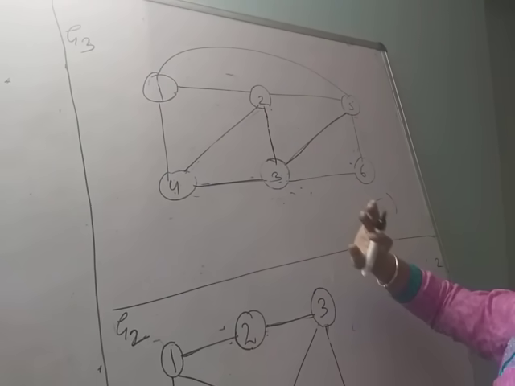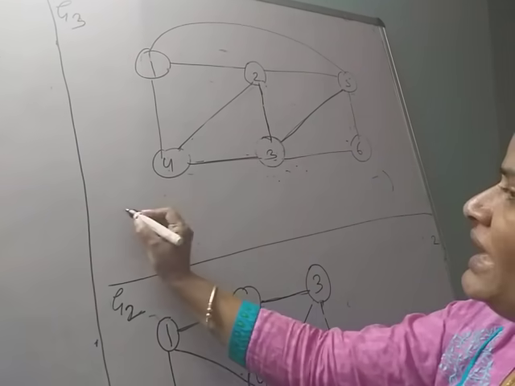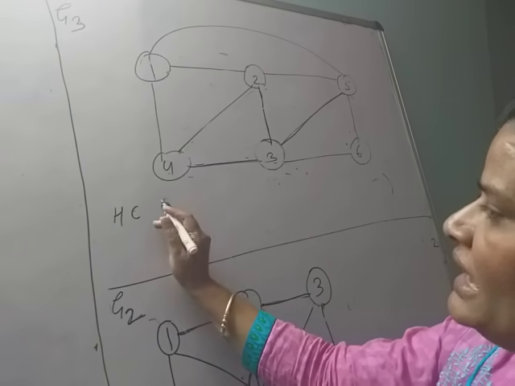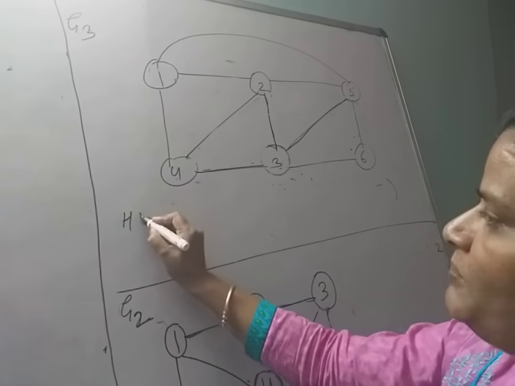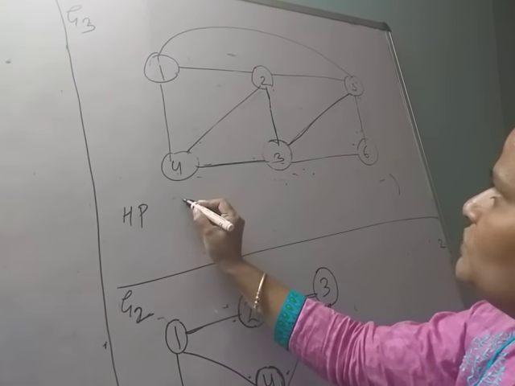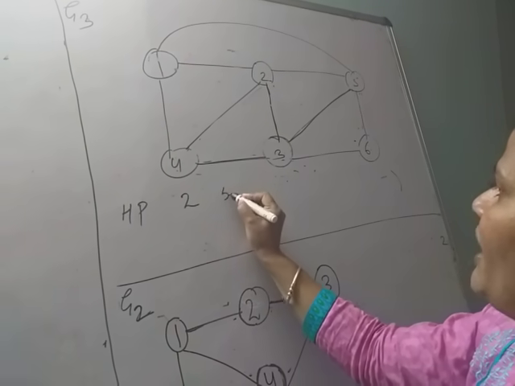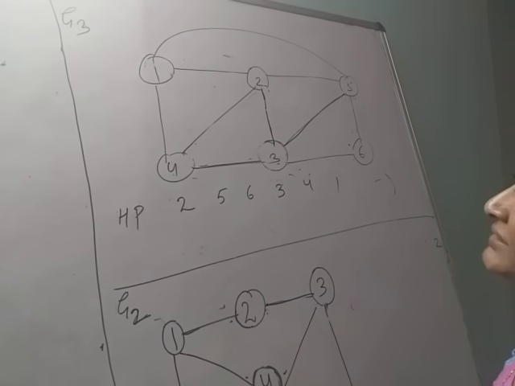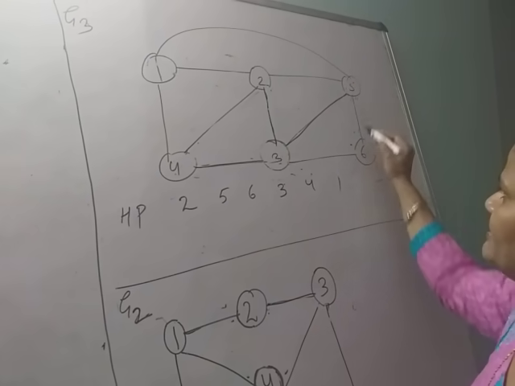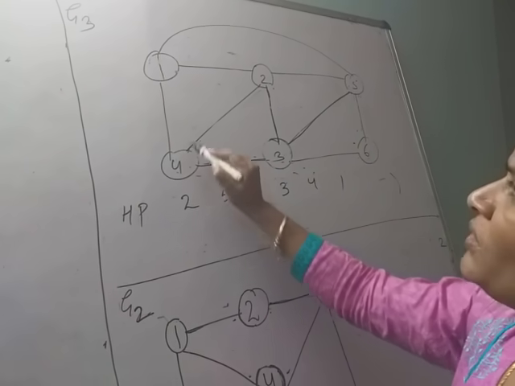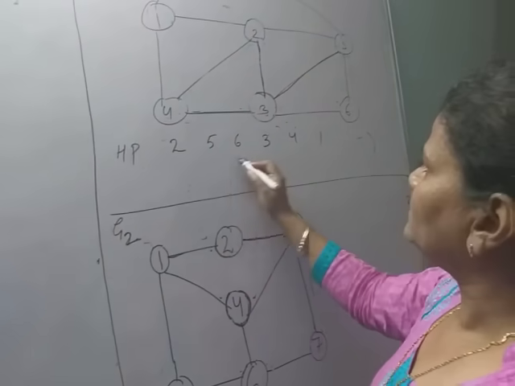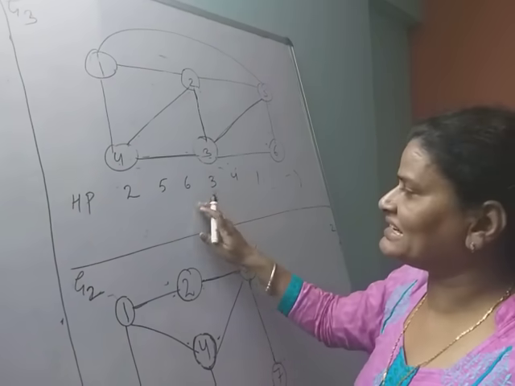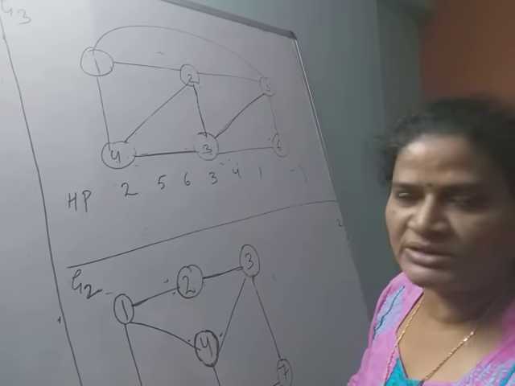So there is a Hamiltonian path. First I am writing the Hamiltonian path, suppose I am taking 2: 2, 5, 6, 3, 4, 1. It visits all the vertices exactly once. So this is a Hamiltonian path.